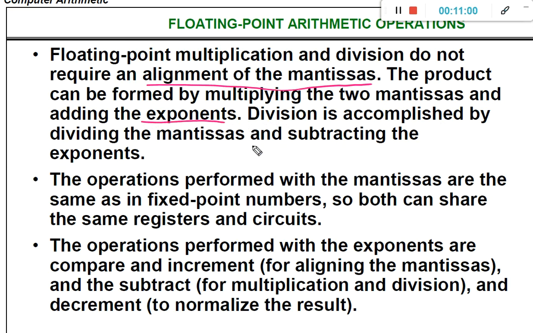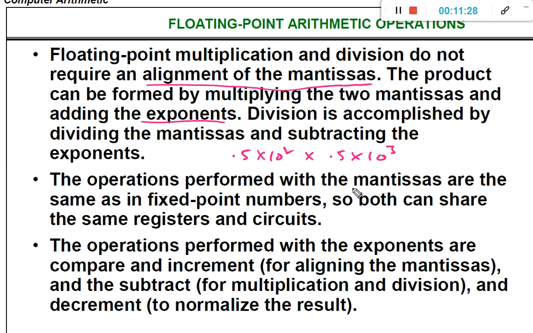So just perform the multiplication with the mantissas, and to calculate the exponent, just add the exponents. For example, 0.5 into 10 square, into 0.5 into 10 cube. Assume like this.